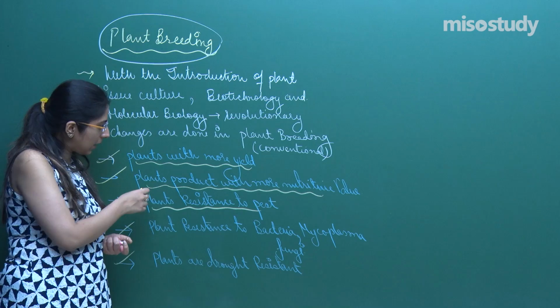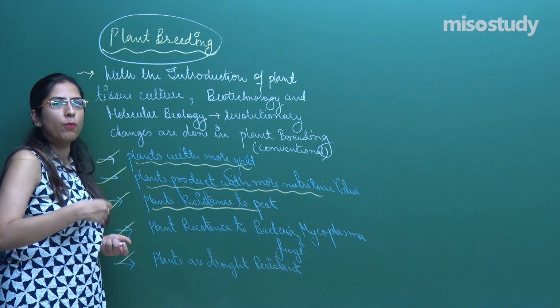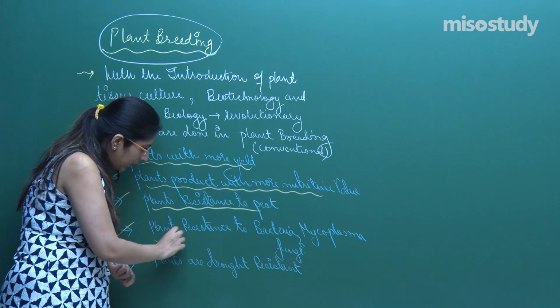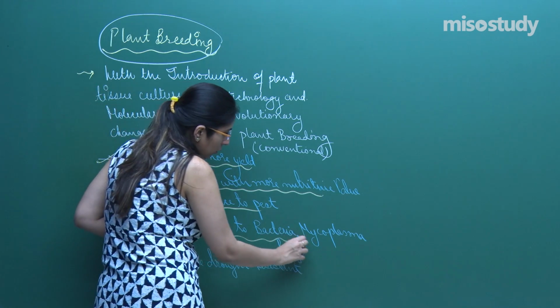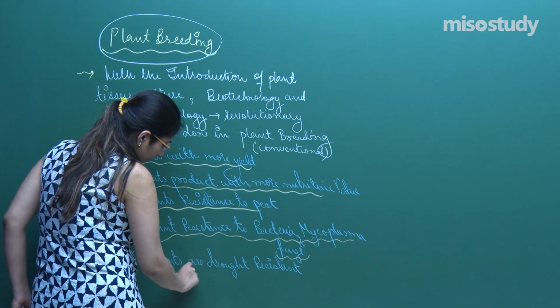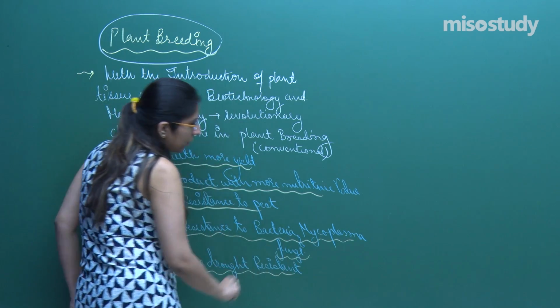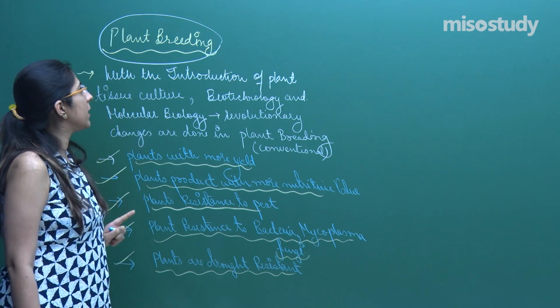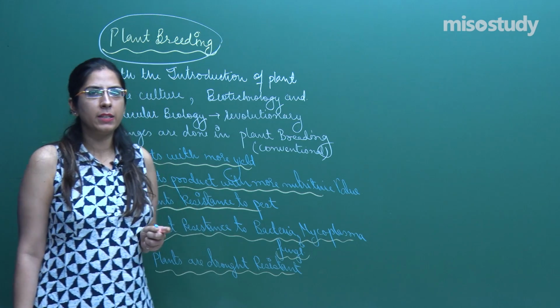I can transfer that particular gene which can provide more nutritive value. Simultaneously, I can provide all these conditions in our plant so that our plant will be more suitable to the different environmental conditions, or they can acclimatize to the different environmental conditions, right? So these were the major strategies of plant breeding.